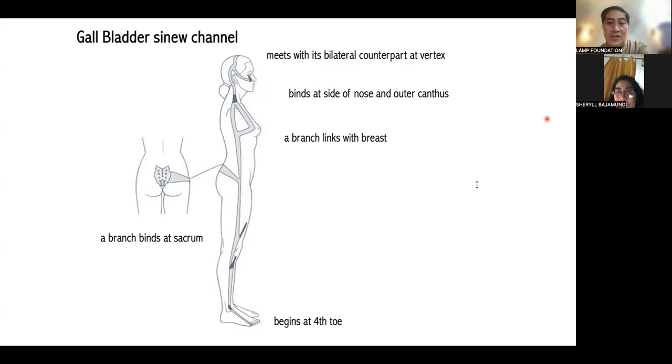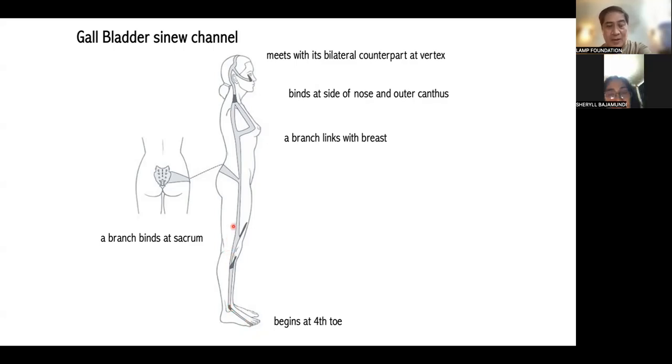So what are the pathological symptoms when there is an issue with the gallbladder sinew channel? So magkakaroon ng strained muscles of the fourth toe. So if the patient would tell you, sumasakit yung fourth toe niya, so definitely it's the gallbladder, na strain yung muscles, no? Or there is straining of the muscles of rotation on the lateral aspect of the knee.